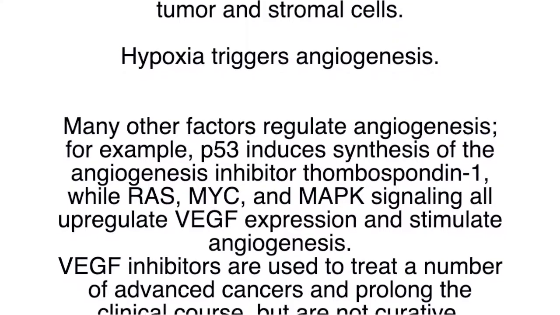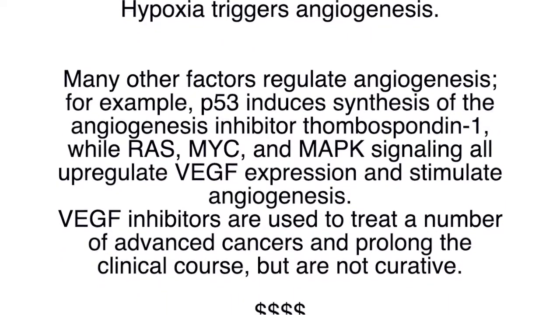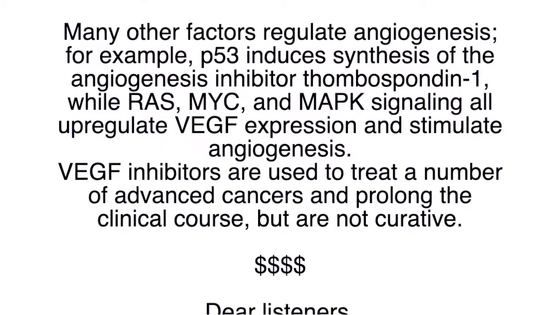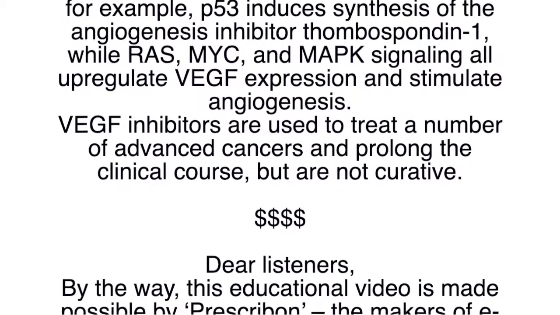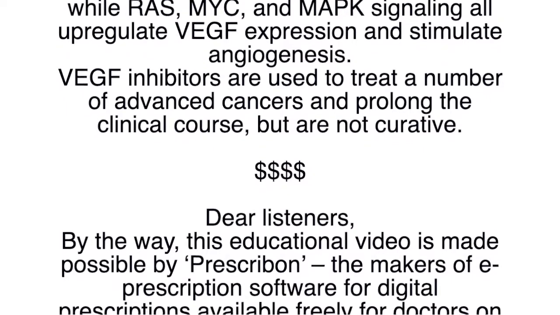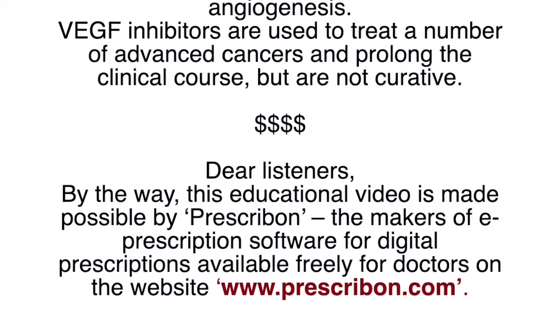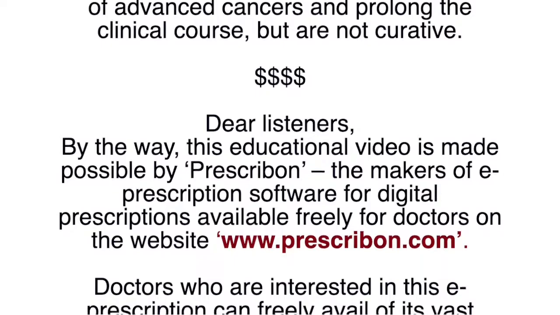For example, p53 induces synthesis of the angiogenesis inhibitor thrombospondin 1, while RAS, MYC, and MAPK signaling all upregulate VEGF expression and stimulate angiogenesis. VEGF inhibitors are used to treat a number of advanced cancers and prolong the clinical course but are not curative.